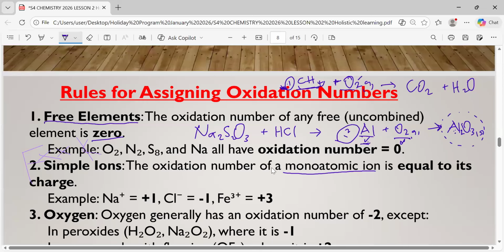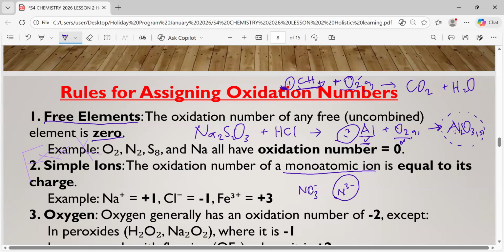You recall we have other ions, for example, nitrate. Nitrate is written like this. So this is not a monoatomic ion because it has a number of atoms. Are you seeing that? But if you come to nitrogen alone with a charge of 3, now this one has become a monoatomic ion because it has only one atom and it has a charge.